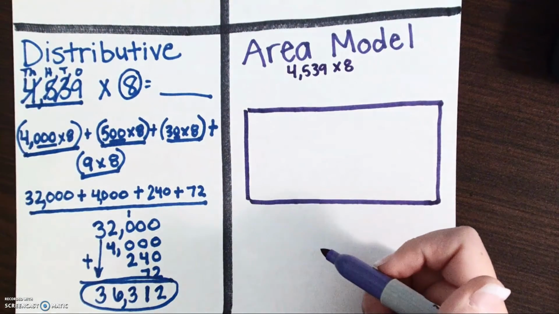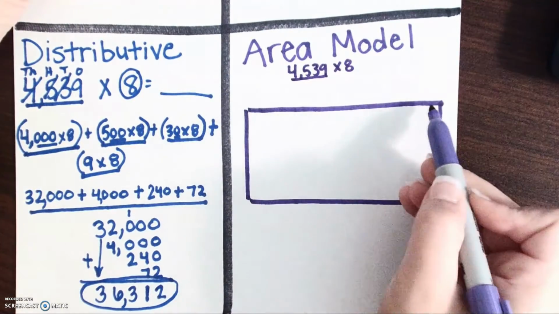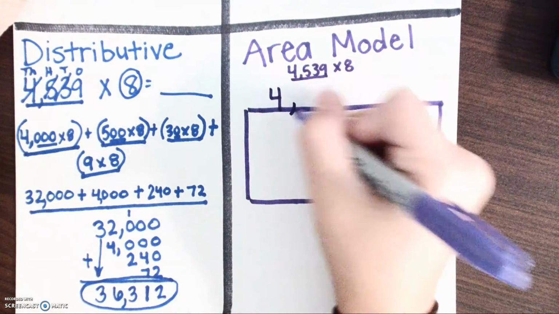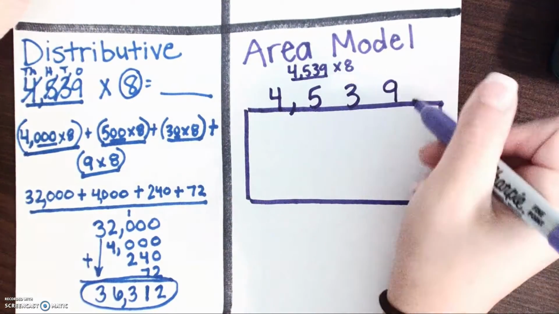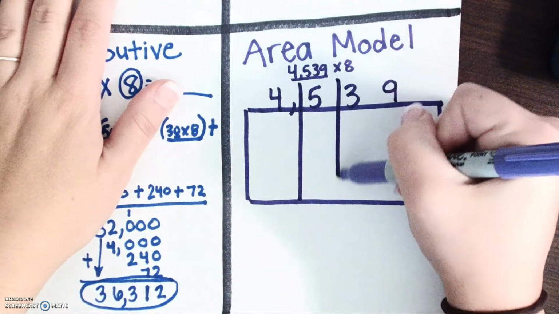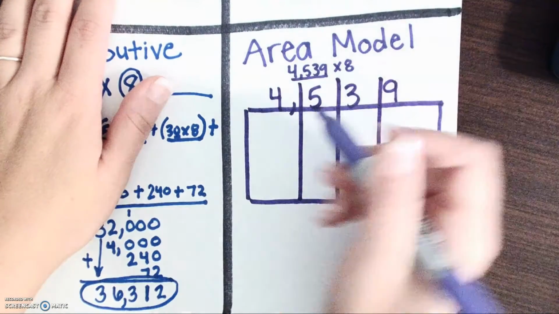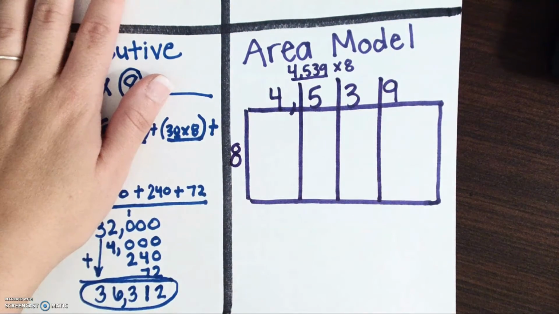So we know with our area model, we want to put the big, long number on the long length side of my shape. So 4,539. And I'm going to divide it so that they all have their own box. And then my little 8 gets to go on the small side of my box, so on the width side.